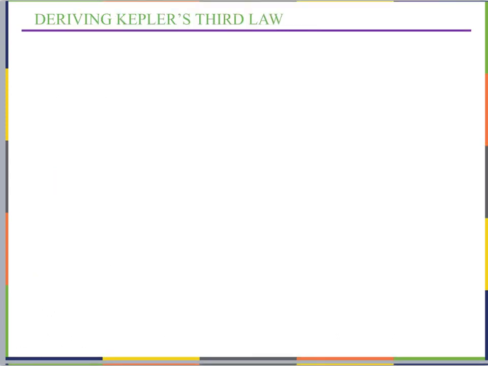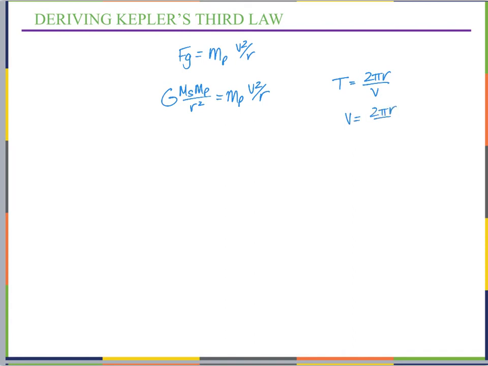Just remembering how we got this, we said the force of gravity is equal to the centripetal acceleration times the mass. We're talking about the mass of the sun, the mass of the planet, over r squared, equals the mass of the planet, v squared over r. But we said the period of the planet is how we get the period into it, so we come up with the expression for how I write v in terms of period.